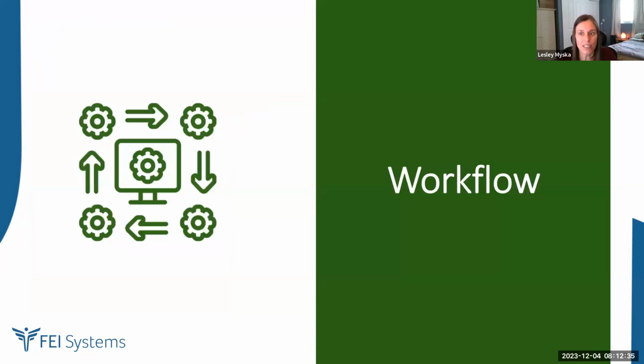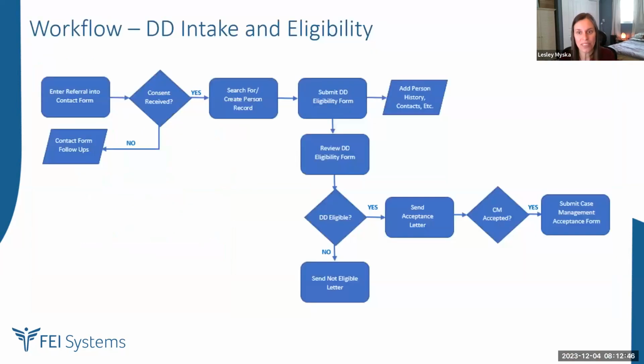Before we begin looking at the individual forms and processes that apply directly to the DD intake and eligibility coordinator, we will look at the high-level workflow. Next slide, please, Miranda. The referral will come in, and the individual that receives the referral, that could be an intake and eligibility coordinator, a supervisor, an admin staff, whoever it is that receives the DD referral, can create a contact form within the system.